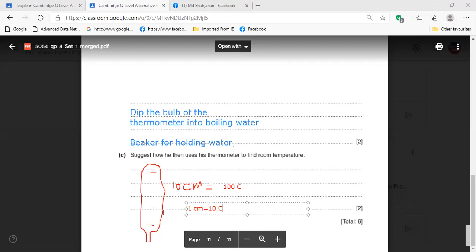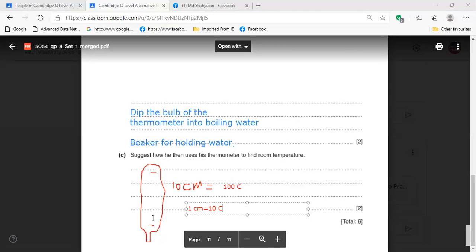Then you can make it more specific. 1 centimeter is equal to 10 millimeter, so if you divide this 1 centimeter into 10 equal parts, each millimeter gives you 1 degree Celsius. This way you can measure each degree Celsius using this thermometer. The whole process is called calibrating the thermometer.